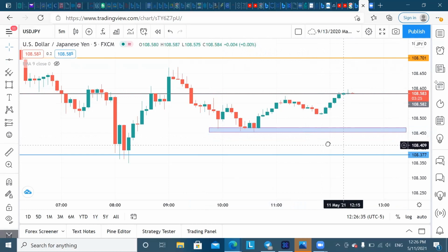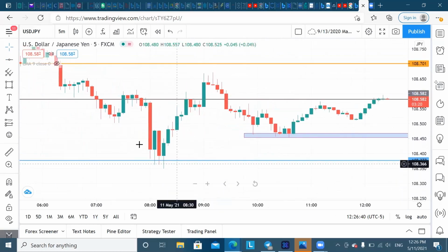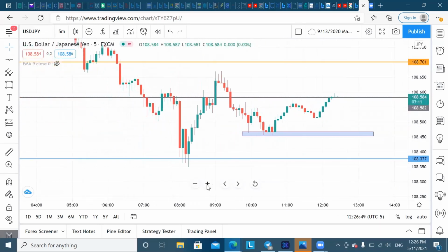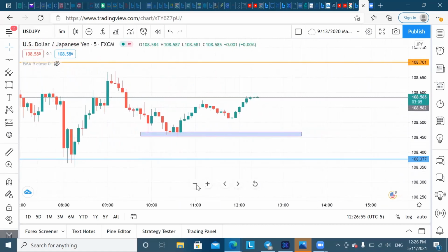Okay, something like that. So price here, we saw that previously it hit it and came back down. I would possibly be looking for it to sell here. Of course, there are other confirmations that I will be looking for.